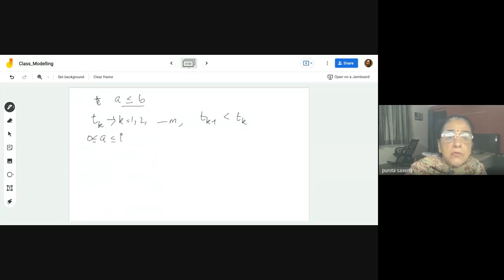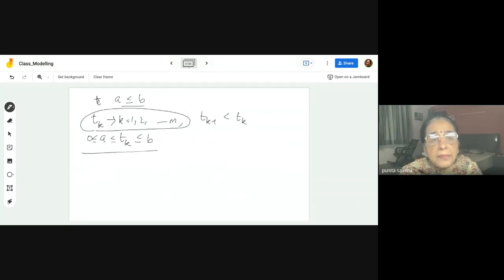This is how my interval can be subdivided, and these are finite in number.